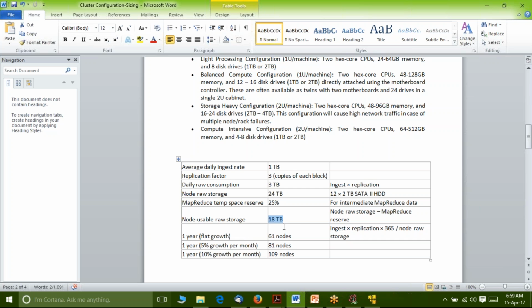So 18 TB is sufficient for 6 days. Every 6 days I need one node. So in a year, if I take that projection into consideration, I need 61 nodes. Yes, 61 nodes. That is what has been mentioned here, the math.